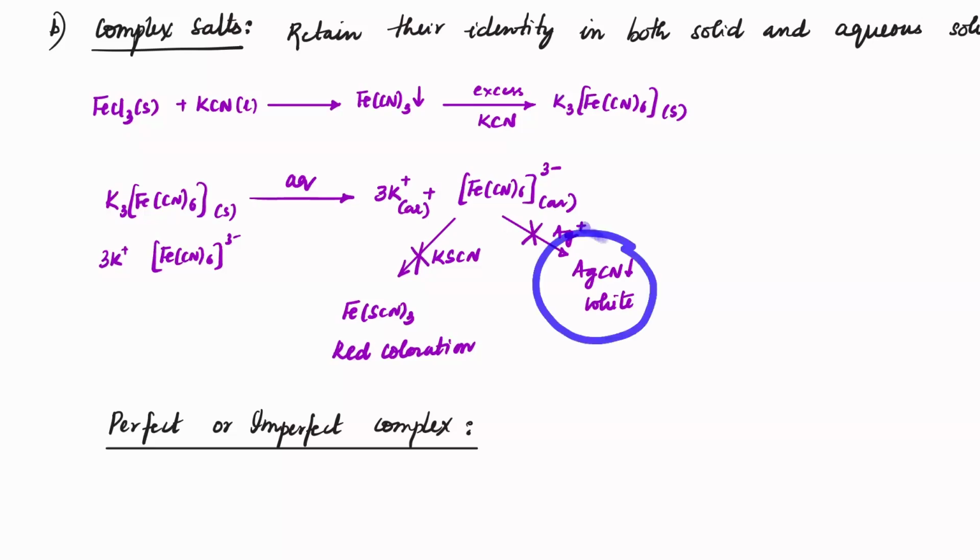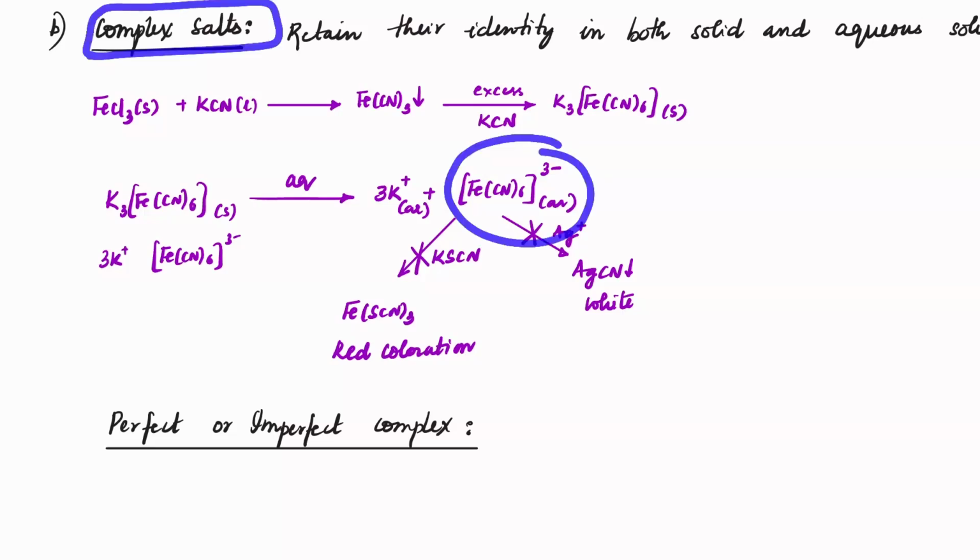That means there is no AgCN forming, which suggests that neither Fe3+ nor CN- is individually available. This is the way it exists in solid state. It is the same way it exists in the aqueous state. So it will not ionize into smaller ions anymore. If that does not happen, you call it a complex salt. So I hope the basic definition is clear to everyone.